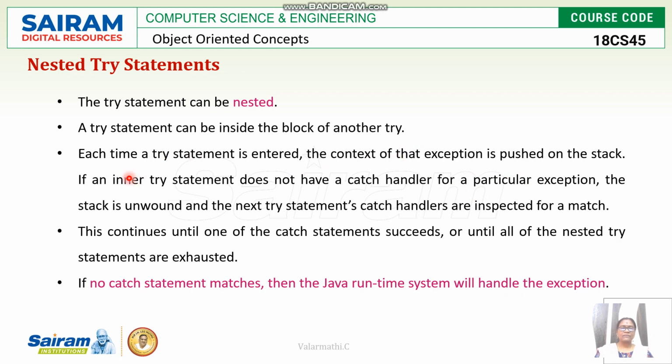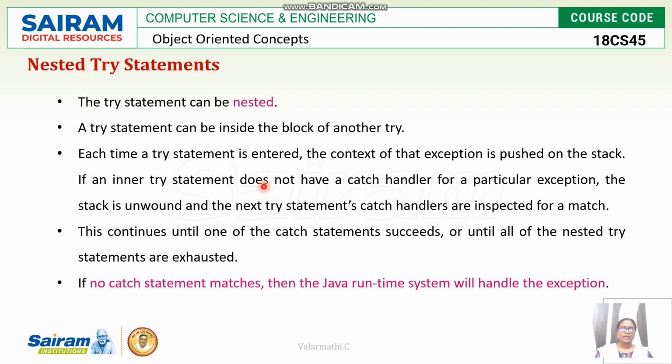When an inner try statement does not have a catch handler for a particular exception, the stack is unwound, and the next try statement's catch handlers are inspected for a match.